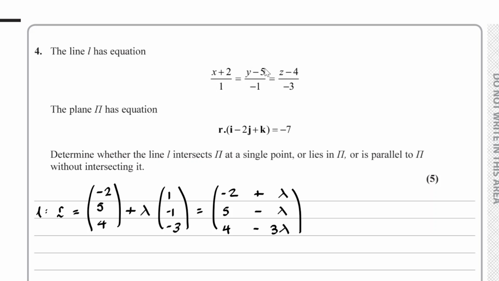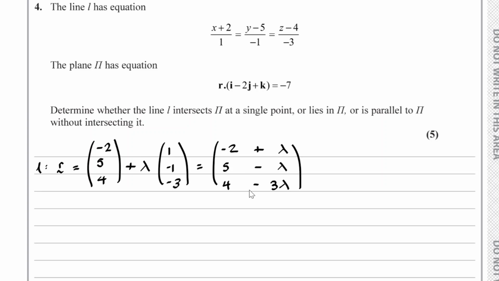And the line and the plane meet if this over here dot product with this normal equals minus 7. Okay, so it's the best way of going about this. We replace this r with what we have here.